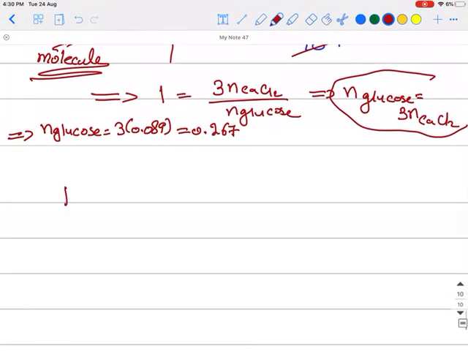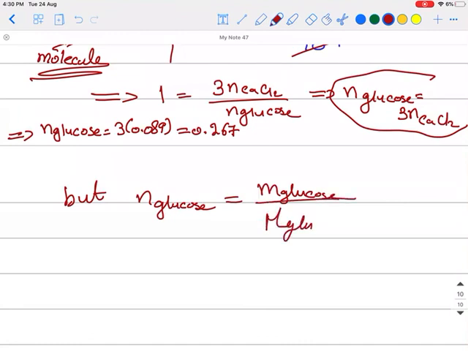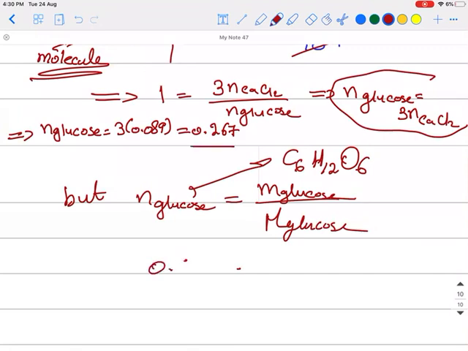Now I can find the mass because I have the number of moles of glucose. So I will continue and find the mass. I will say that n of glucose equals the mass of glucose over the molar mass of glucose. By the way, glucose has the formula C6H12O6. The number of moles of glucose we found already, so I substitute 0.267 equals the mass of glucose over the molar mass.